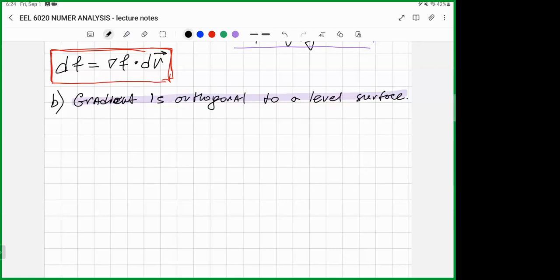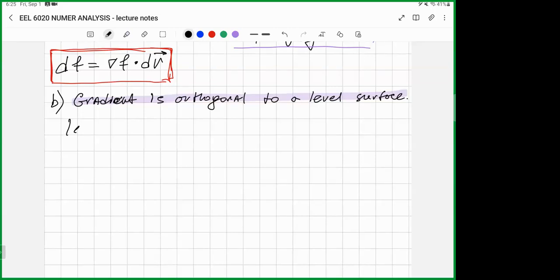It doesn't change. For example, it's highly possible that the temperature in my room, by the level of the floor, is the same, right? It doesn't change over the floor. And of course, one can imagine many types of level surfaces.